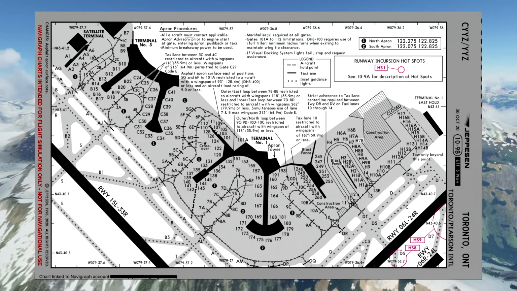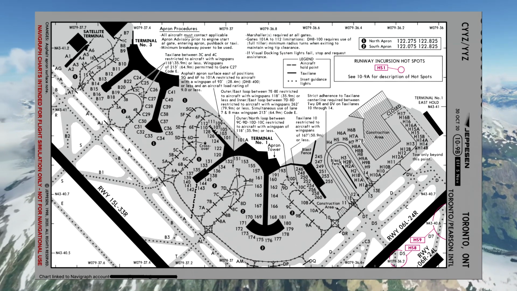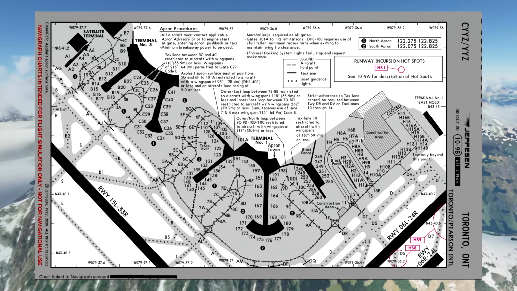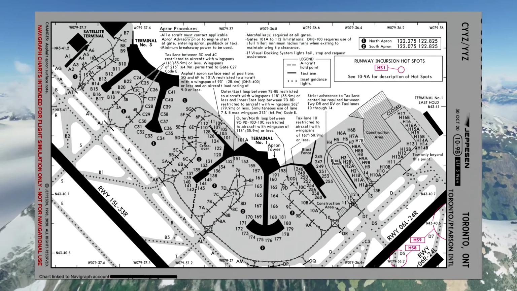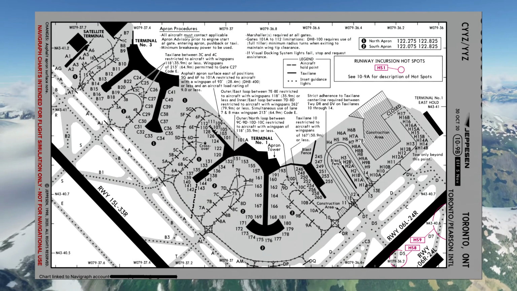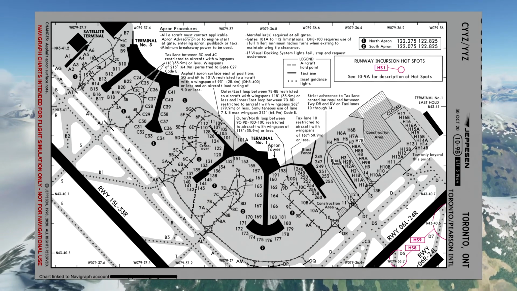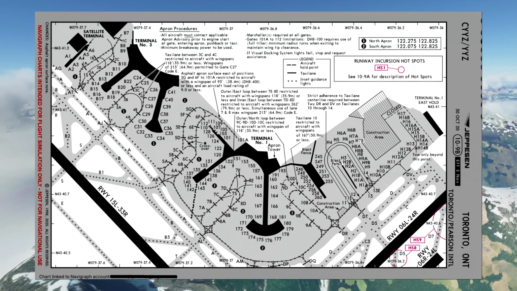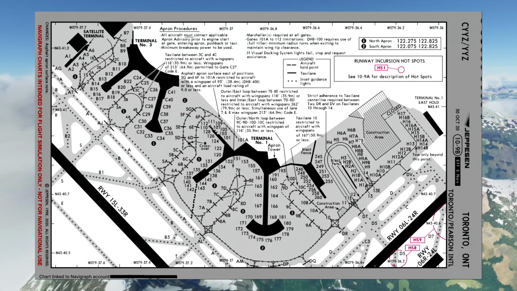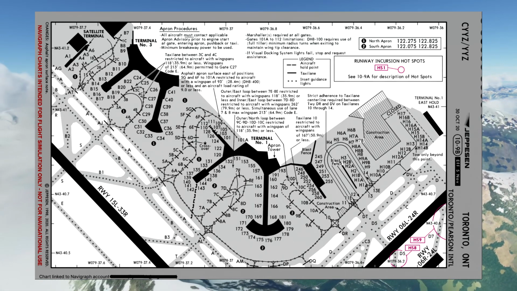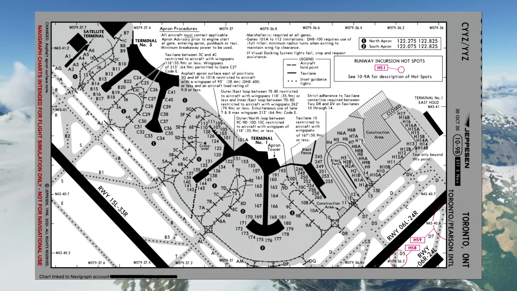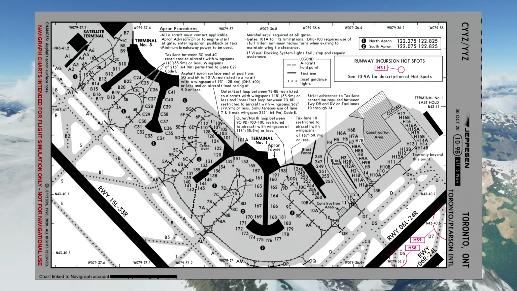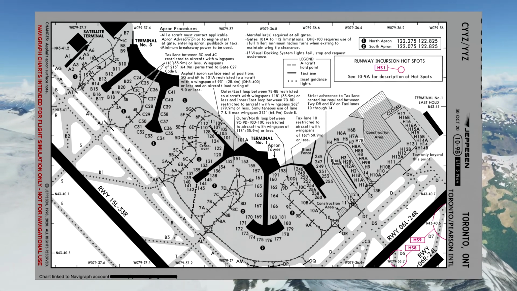So if we look down here right above where it says terminal number 1, there's an arrow that's pointing to the left, or sorry, to the right around the terminal down to where it says 10 Delta. And if you read that, it says outer north loop between 9 Charlie, 9 Delta, 10 Delta, and 10 Charlie.